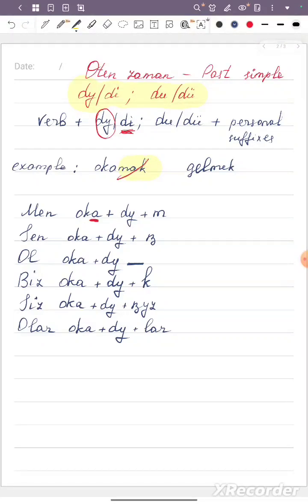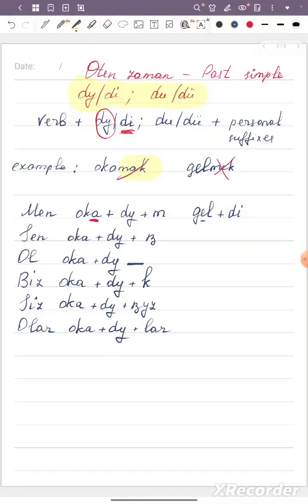Let's start. Men, gel. Again, students, we cannot use the suffix mek because this is the infinitive. So just gel. Then we need to add the correct suffix. Here it is di. Why? Again, e is ince çekimli.